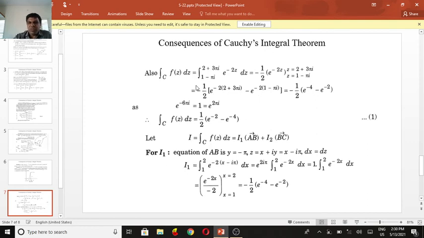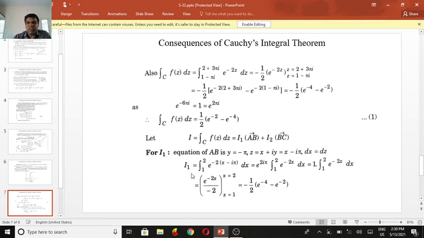Now let us come to the problem in another form. I equals the integral over C of f(z) dz, which equals the integral of line AB plus the integral of line BC. The equation of line AB is y equal to minus π, with z equal to x plus iy. Replacing y by minus π, we get z equal to x minus πi, and dx equals dz.